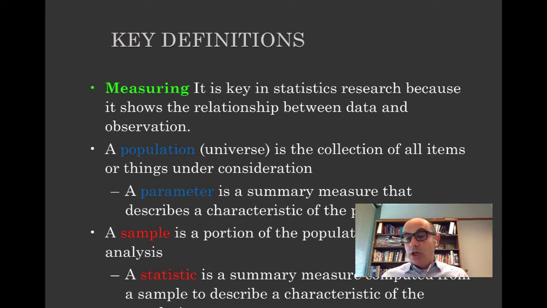A population is the universe, the collection of all items or things under consideration. And this is really important because this is our foundation. A sample is a portion of the population that we are trying to examine in order to understand the entire population when we do not have the tools or the money to investigate the entire population.